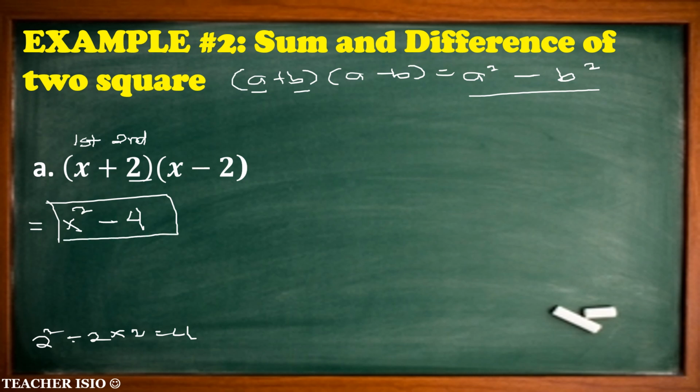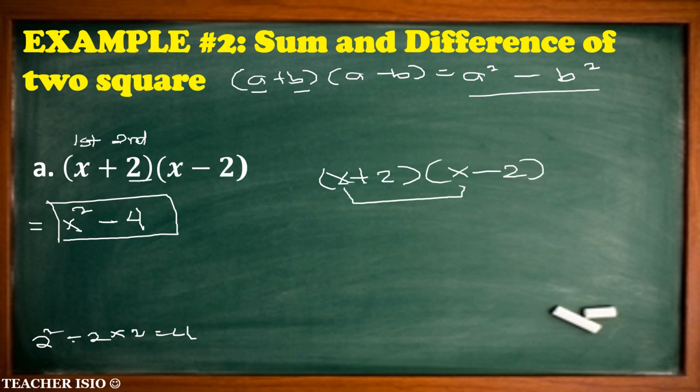Okay? So, using the FOIL method, para malaman natin if this formula or if this special product is true, we're going to apply the FOIL method. So, we have x plus 2 times x minus 2.